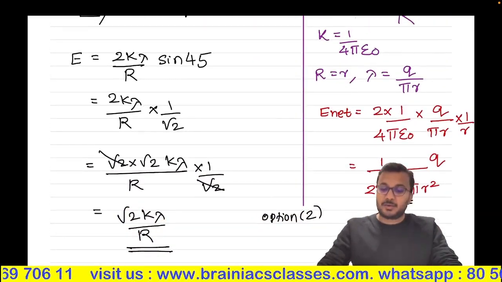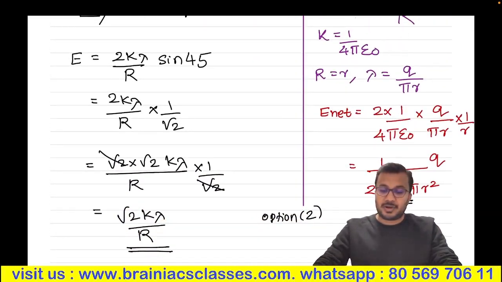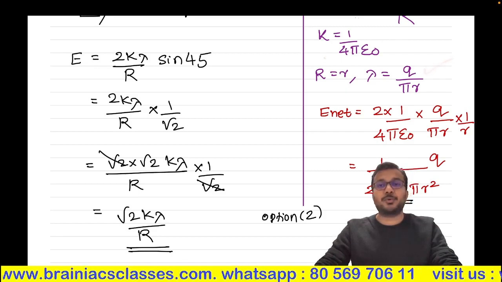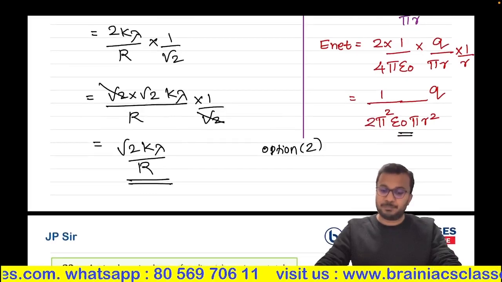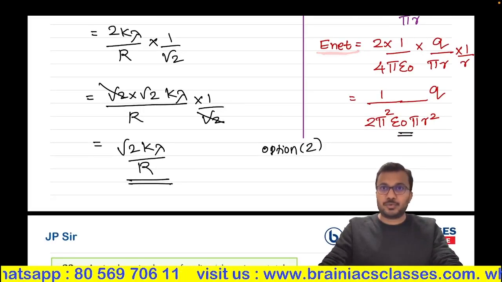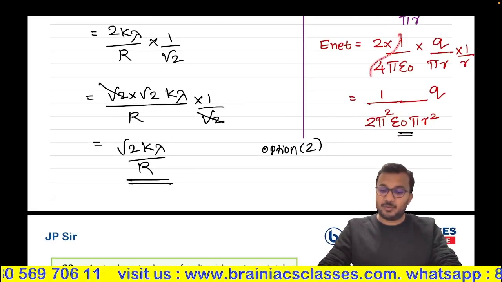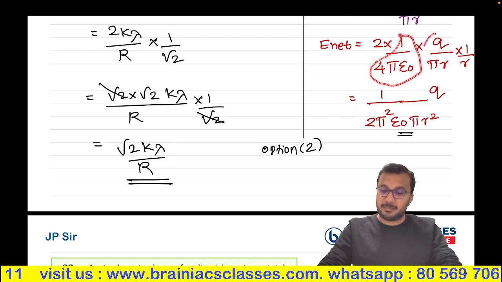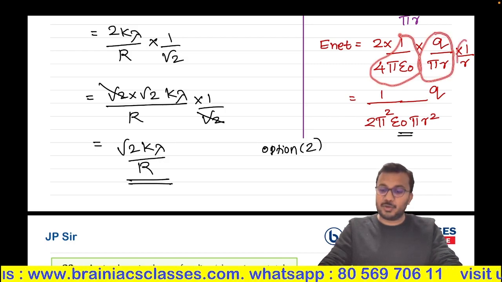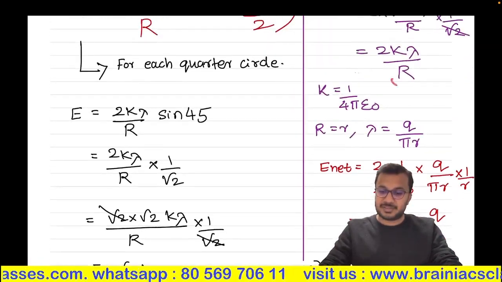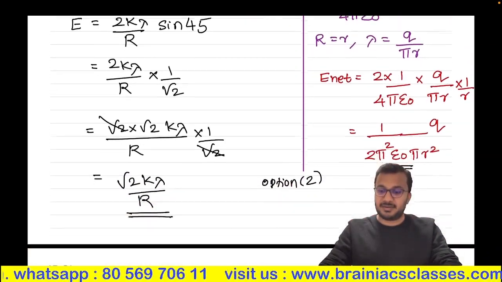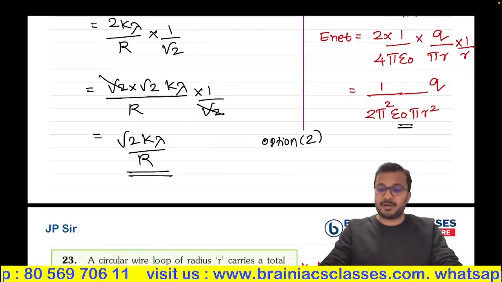So k equals 1 by 4 pi epsilon 0, and lambda equals q by pi r. We are substituting these values into E net. So E net equals 2 into 1 by 4 pi epsilon 0, into q by pi r, into 1 by r. So we have this small r, capital R will be here, as 1 by r.